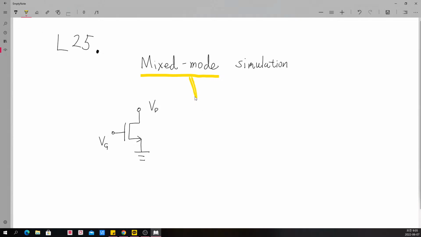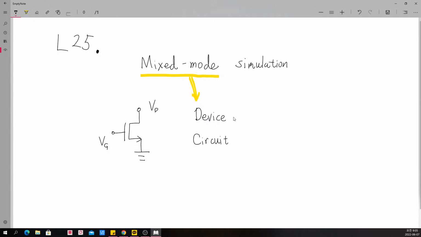So when they coined the name mixed mode, they meant that the previous researchers in this field thought, okay, we have a device simulation and we have a circuit simulation.